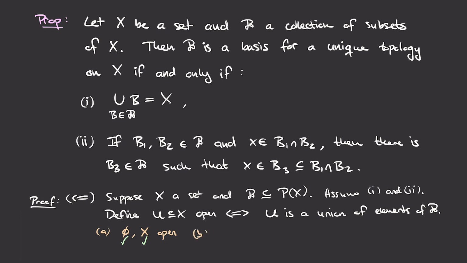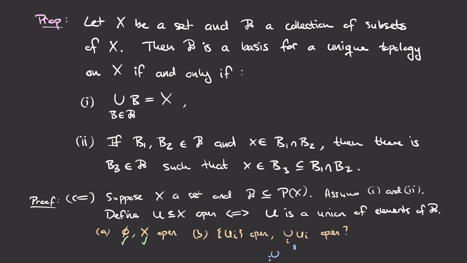Now the next thing we need to check is that arbitrary unions of open sets are again open. So for this we suppose that we have some collection of U_i which are open, and now we need to show that the union over these U_i is again open. So that's a question mark for now. Okay, but by our definition, these U_i being open means that each U_i is itself a union of basis elements. So in fact, this union over the U_i is actually a double union.